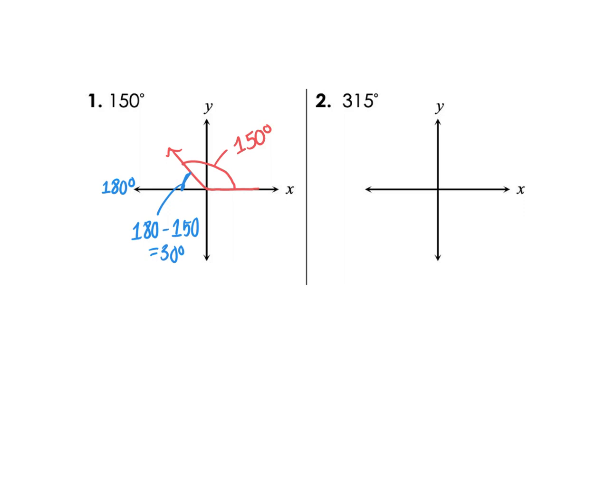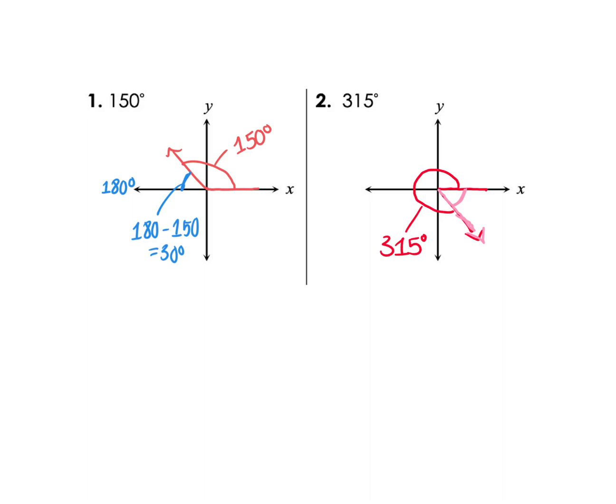Now, if I look at 315 degrees, this will be my initial side and this will be my terminal side. So this here is 315 degrees. If I was interested in this part here, again, you have to highlight the terminal side.